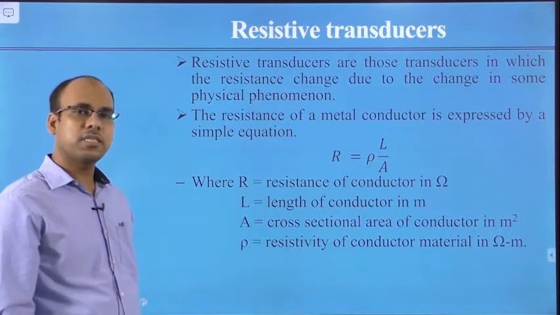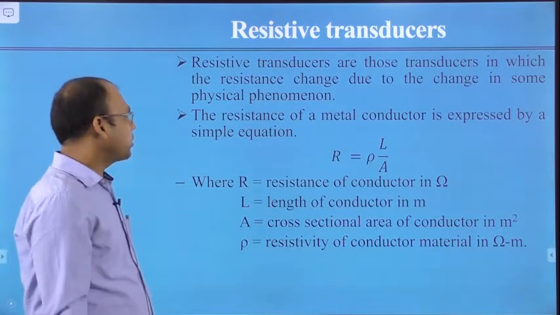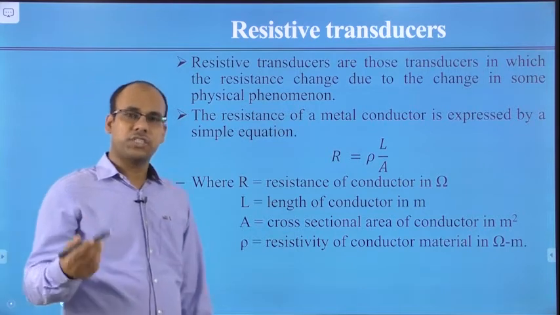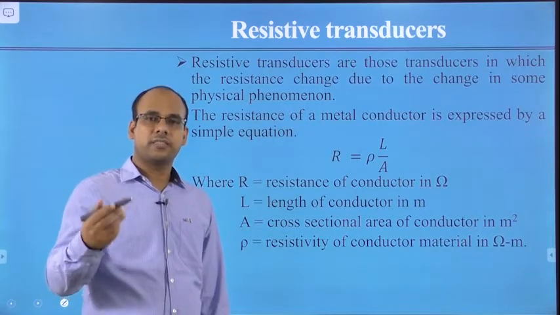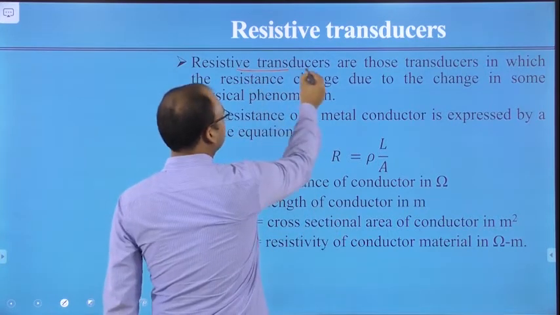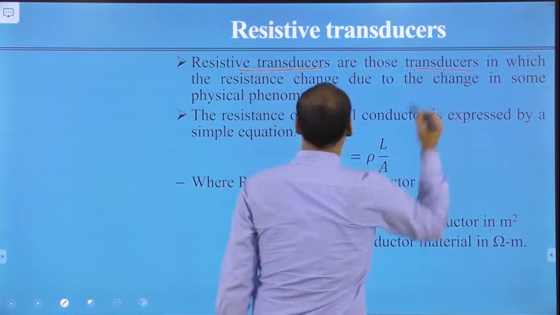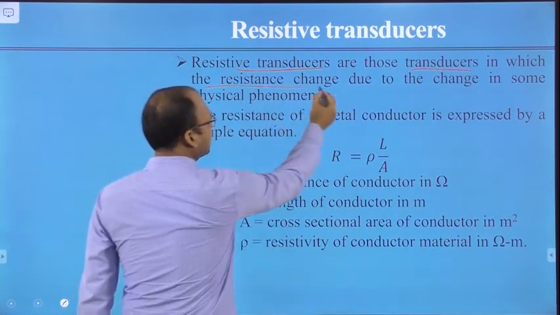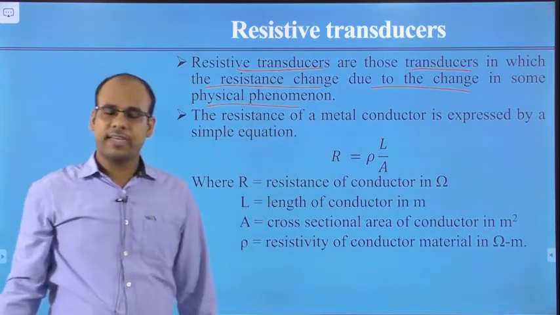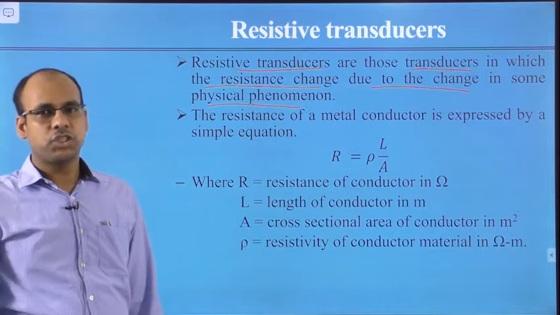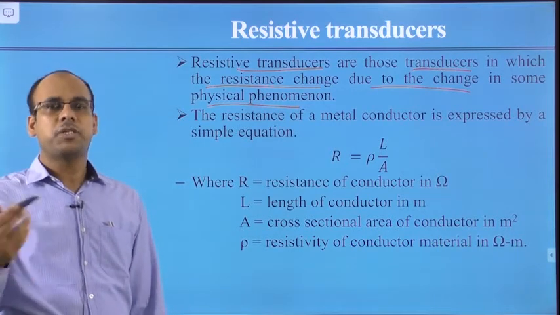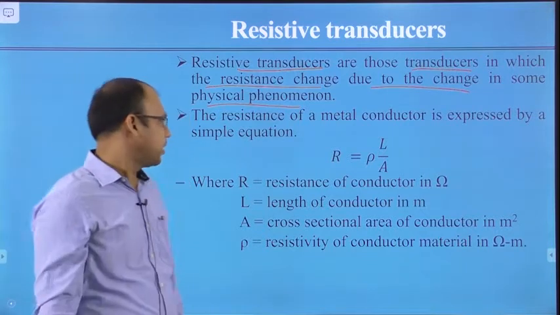Resistive transducers are a kind of transducer in which one form of energy changes, and due to that the resistance changes. Their resistance changes due to some physical phenomenon, it may be variation of temperature, pressure, or light.